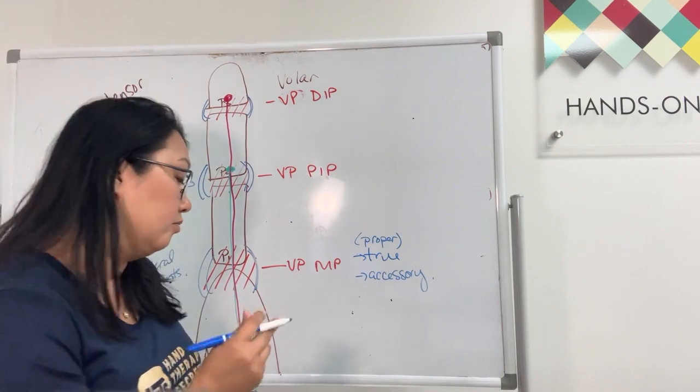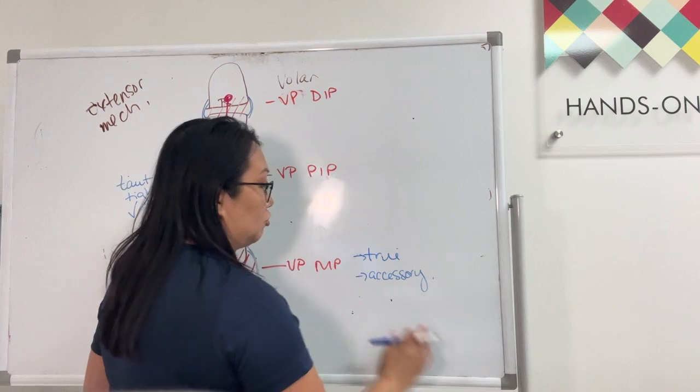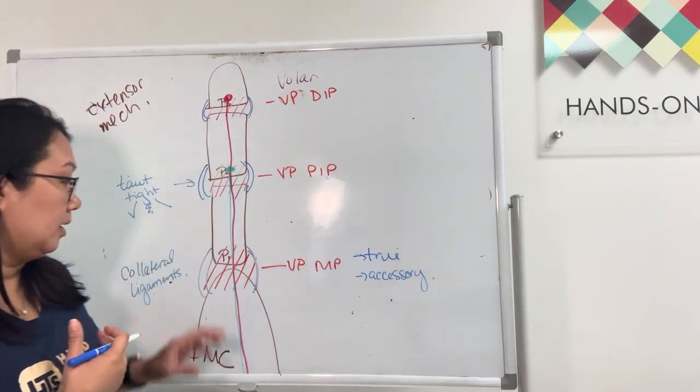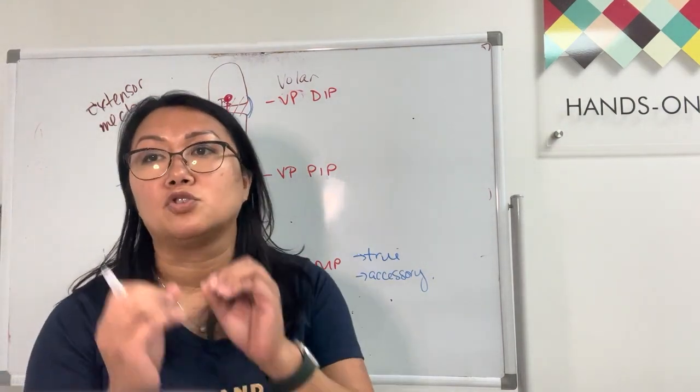If you haven't seen it, it's okay. It's in the 7th edition. They call it the true and then the accessory, right? But essentially, it's a collateral ligament, but the collateral ligament of the MP has two parts.